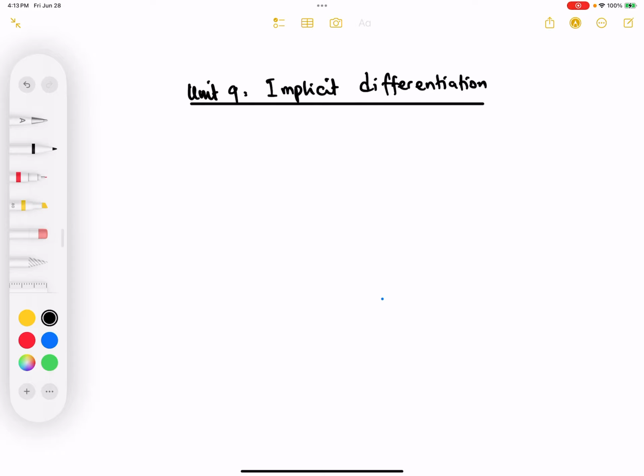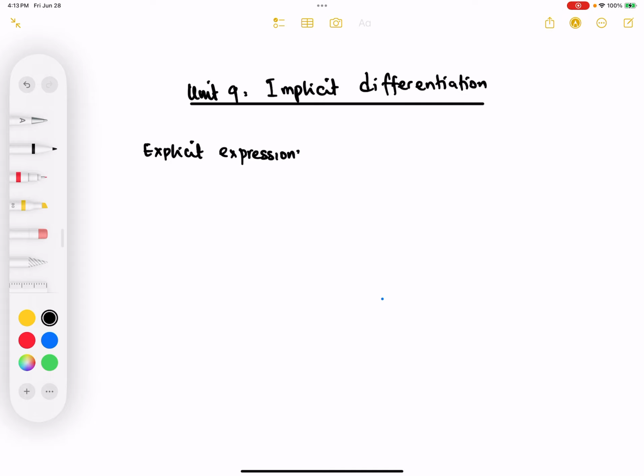All right, let us discuss implicit differentiation. There are two types of expressions. The first one is explicit expressions.